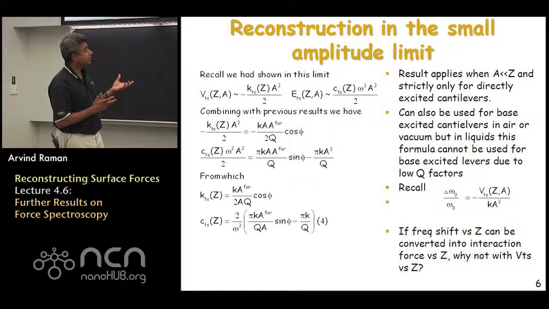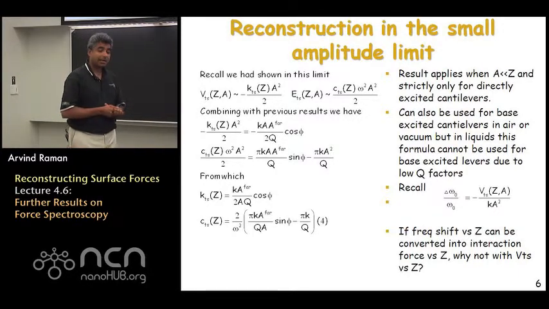The key thing it requires us to do is to measure amplitude and phase as a function of Z. We plug those observables into the right-hand side, and we get estimates of the force gradient and the dissipation as a function of the tip sample gap.